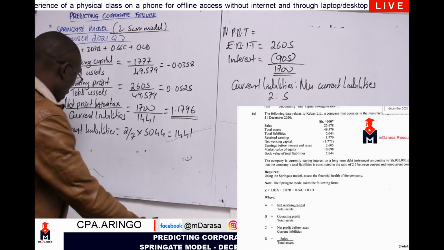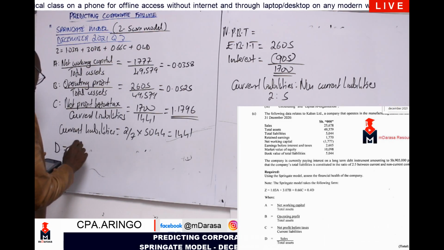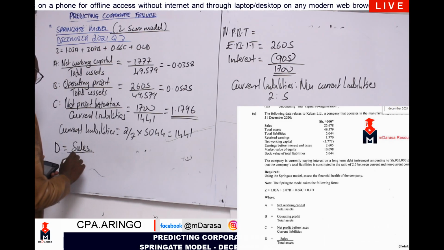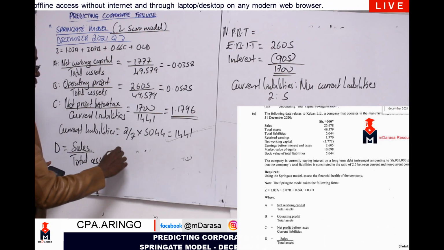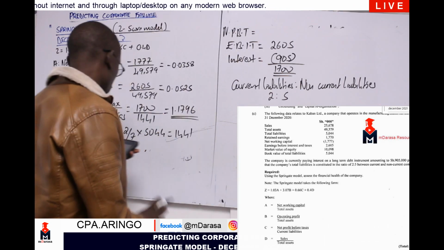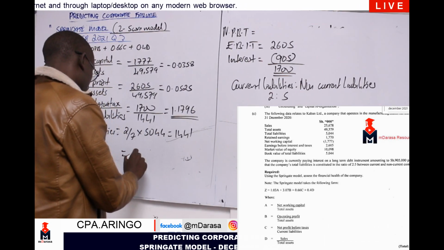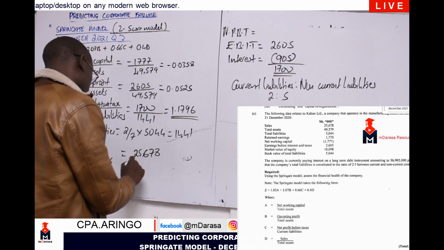What about our D? D, a good examiner is telling us that you're talking of our sales to total assets. So therefore, my sales, we had 25,678.